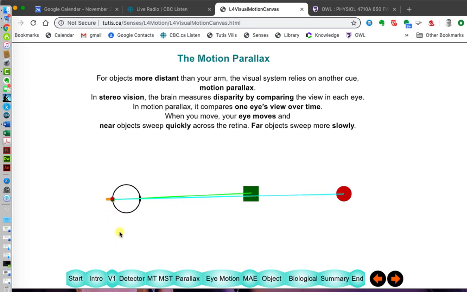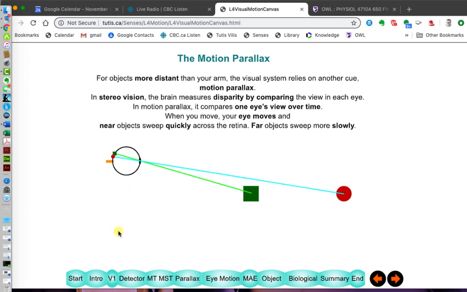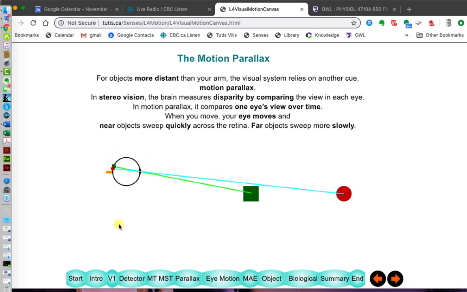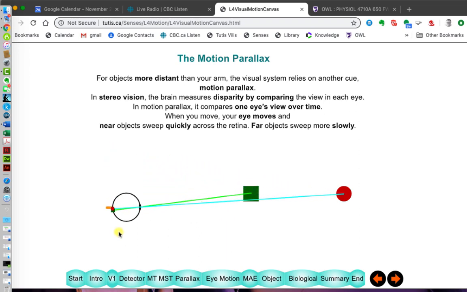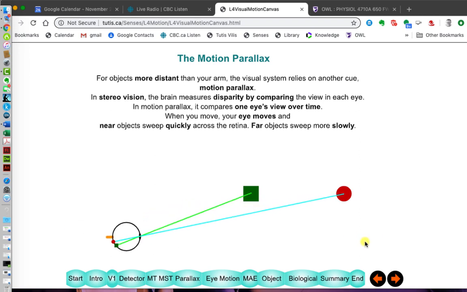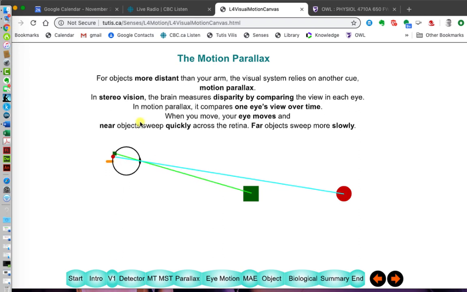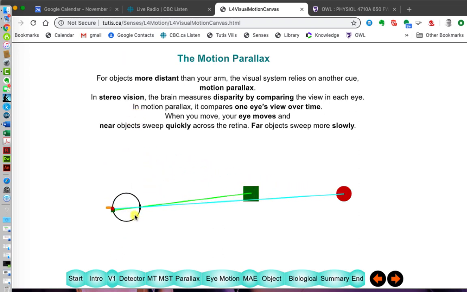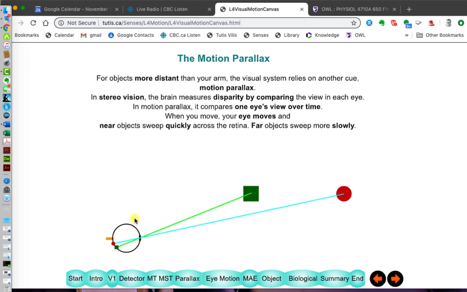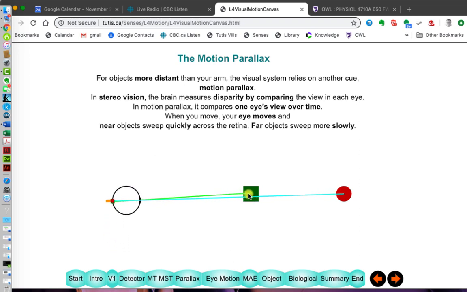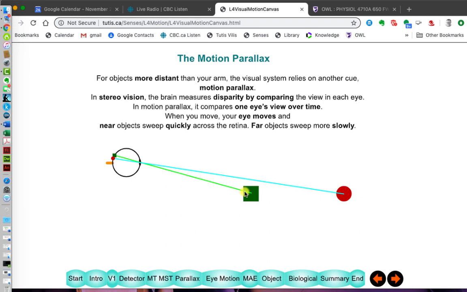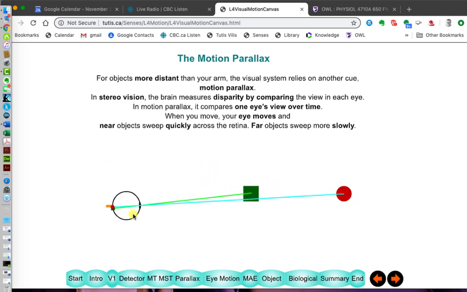So you can see that basically the eye is pointing, well, it's supposed to be pointing straight out all the time. And your head's basically moving back and forth, forward and backwards. And when you move, then your vision of these objects moves on the eye.